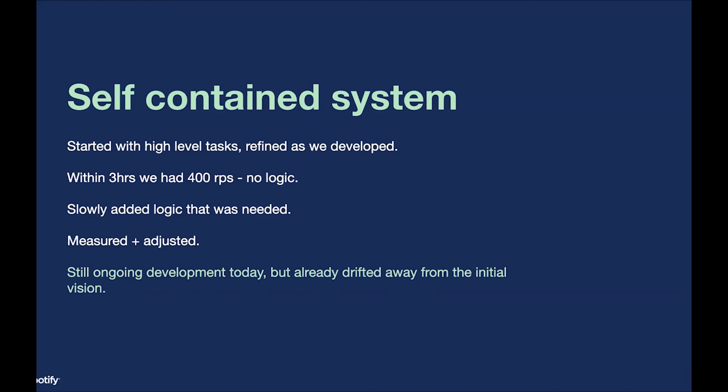And then we just started executing. Like my girlfriend always says, the best way of doing something is to simply start doing it. And that's exactly what we did here. Within 3 hours, we had a blank service in production without any logic that had 300 requests per second.